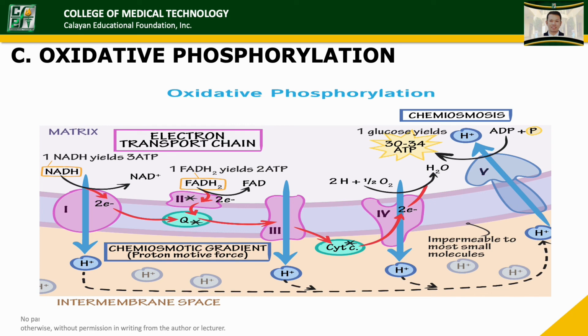The products of the Krebs cycle, like NADH, which is an energy carrier of the cell, and then FADH2 are now needed in order to pump protons.